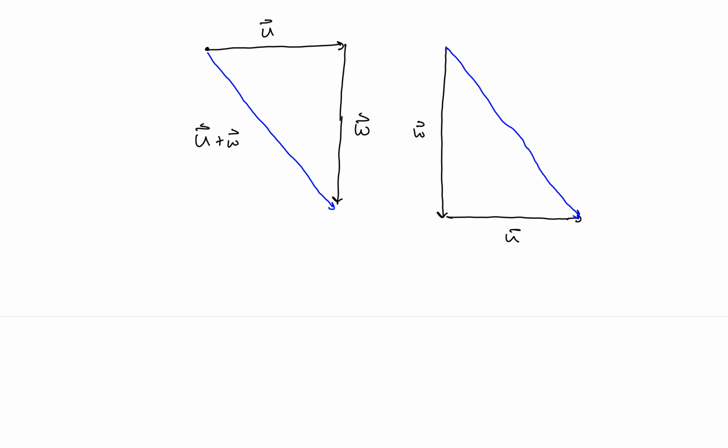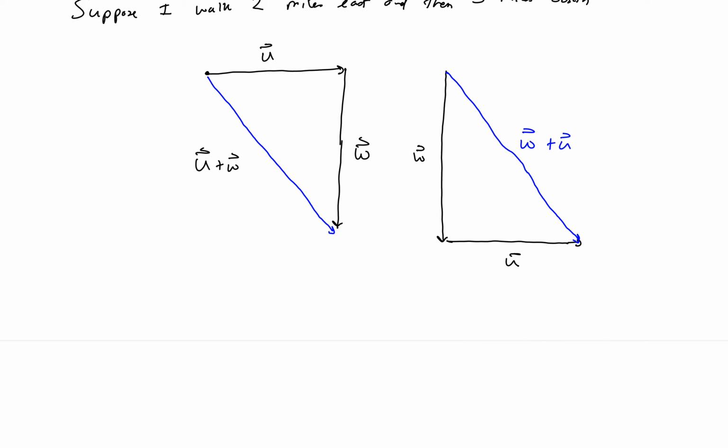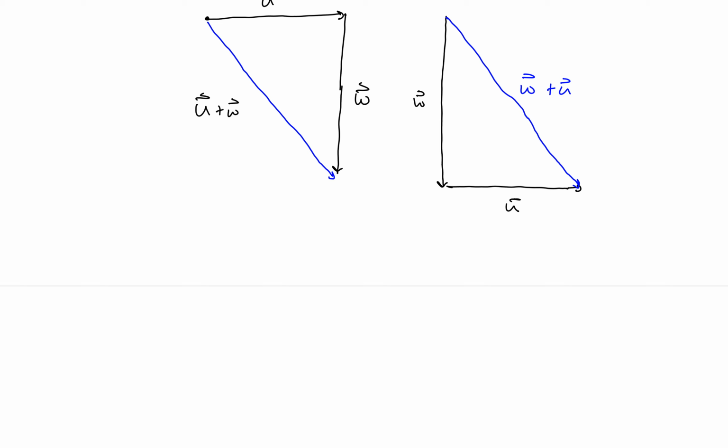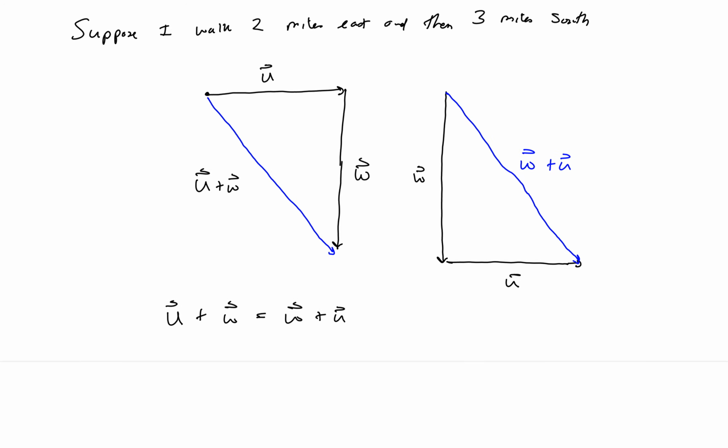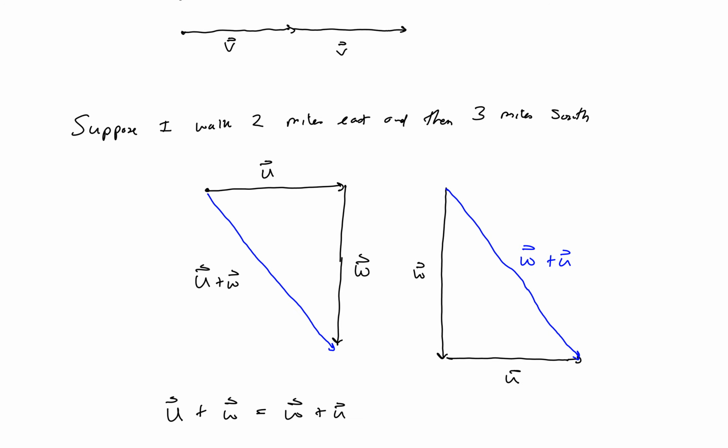So this would be w plus u, and if we look at the two blue vectors, those are the same vector. So u plus w is the same as w plus u. It doesn't matter whether you walk east and then south or south and then east. So that shows us how we can add vectors together.